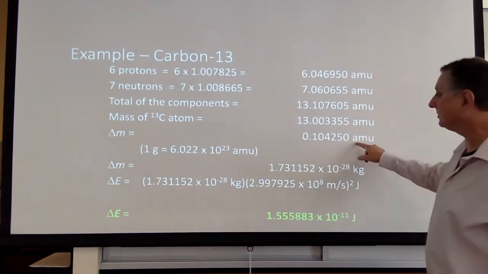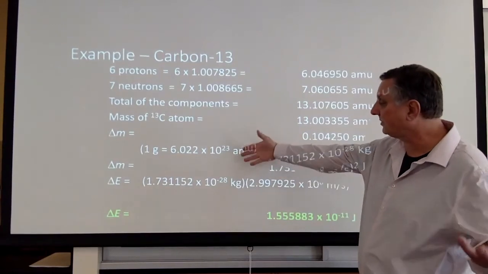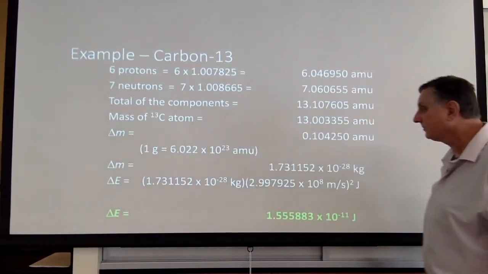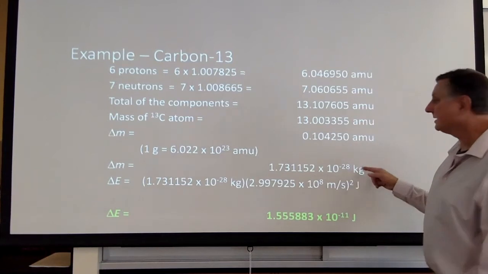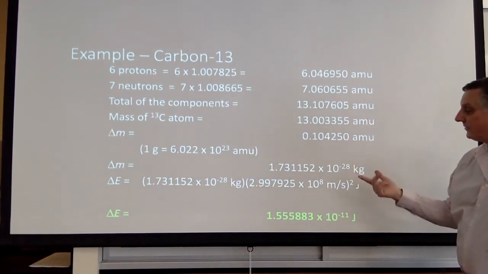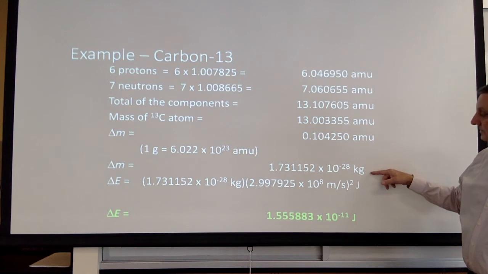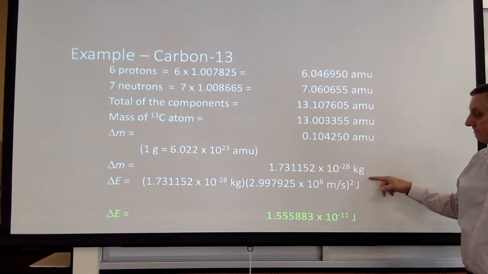So we take amu and convert to grams by dimensional analysis with this relationship, and then to kilograms with another factor of 1000. So this is on the order of 10 to the minus 25th grams, 10 to the minus 28th kilograms.